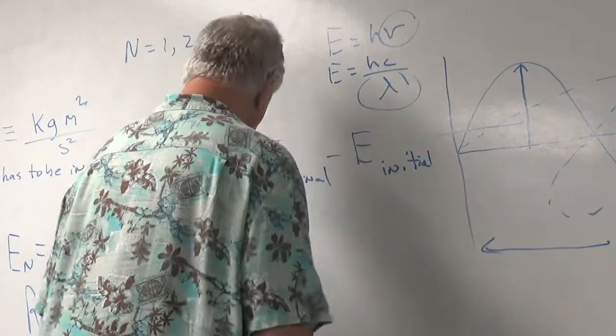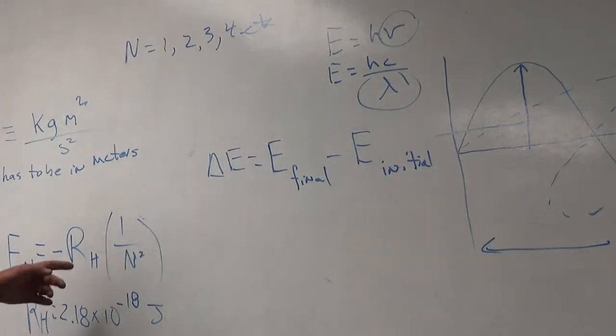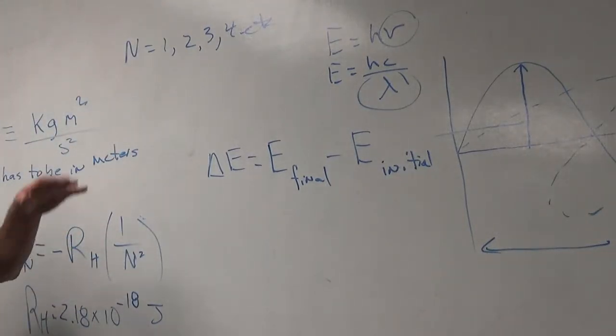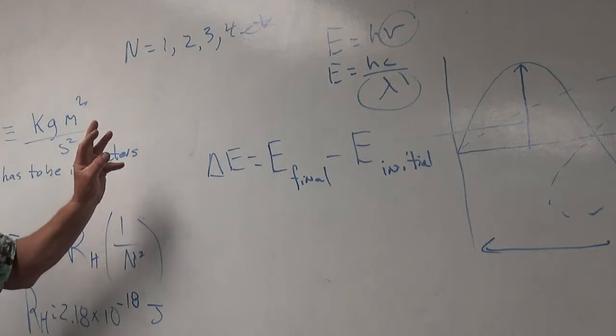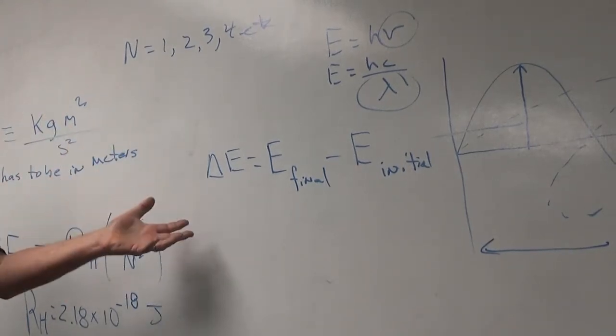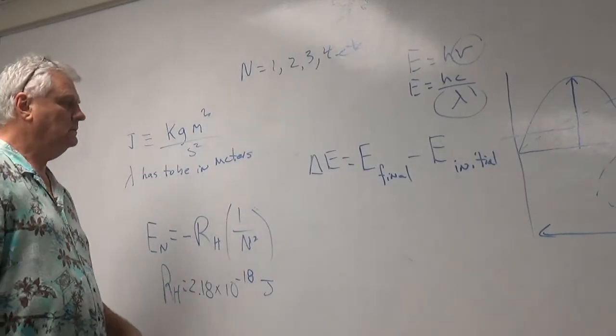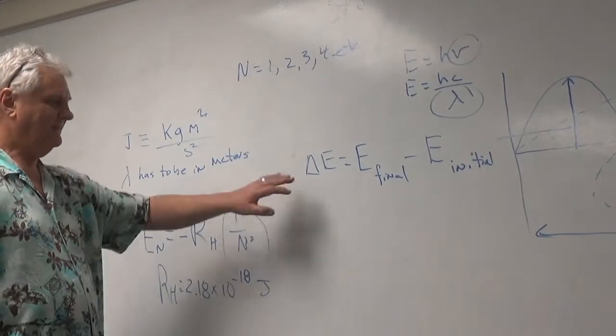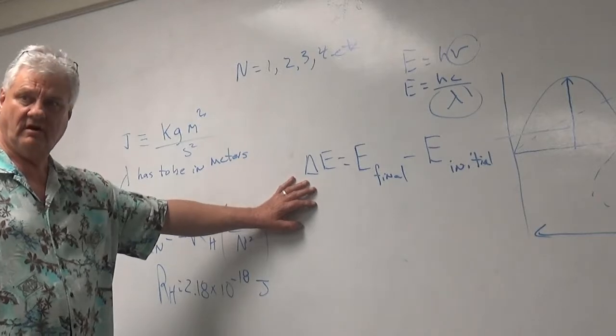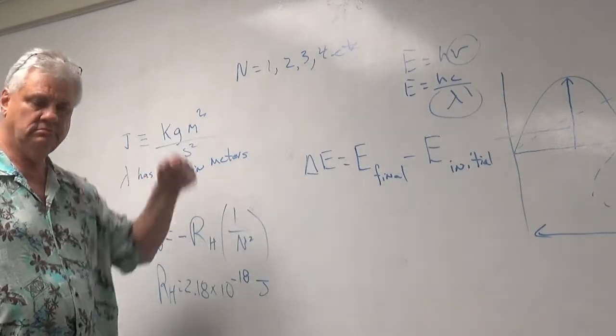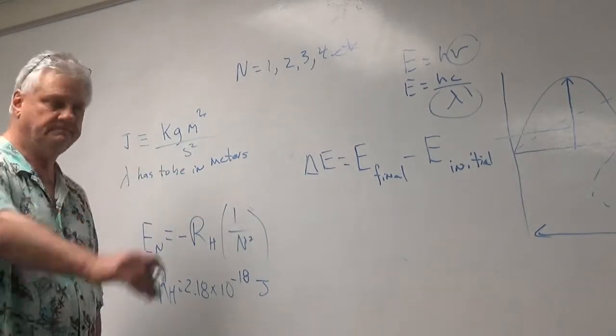Okay? And if you know the quantum number for each of these levels, this is very simple. You calculate where it ended up, you calculate where it started, and you subtract them. And that's the change of energy involved, whether it's absorbance or emittance. Okay?